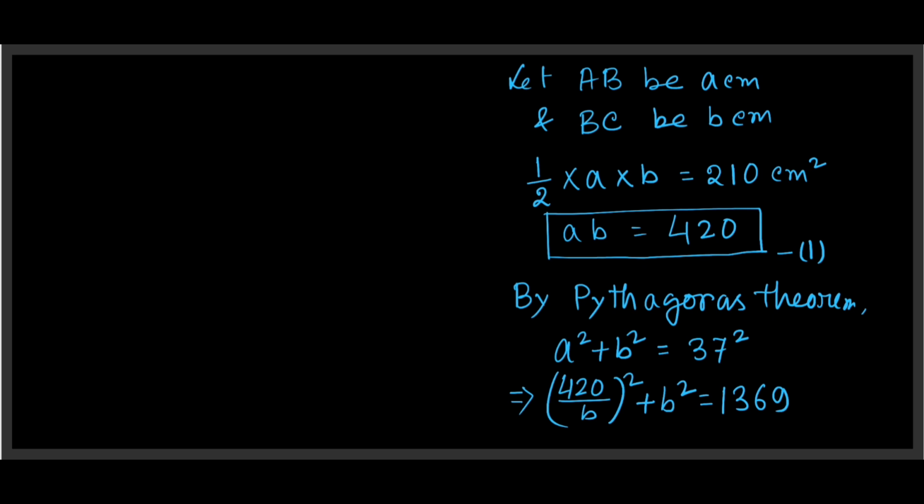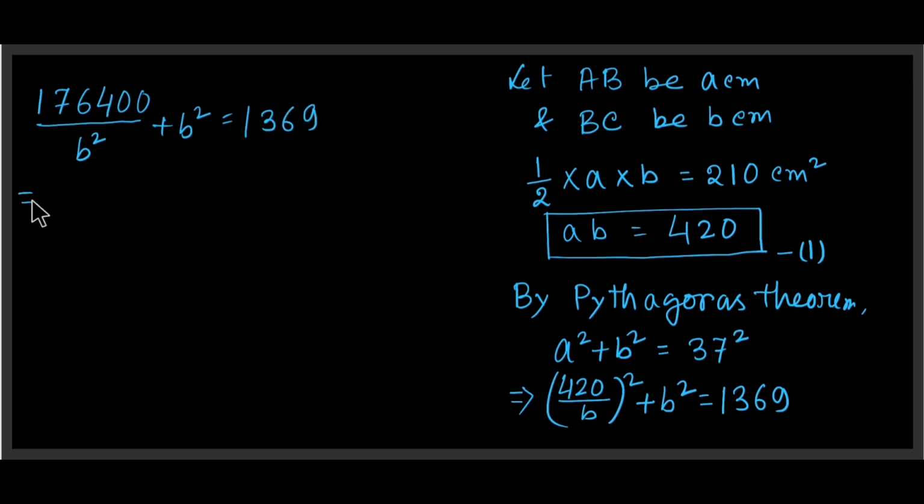Now the square of 420 is 176400 by b square plus b square equal to 1369.